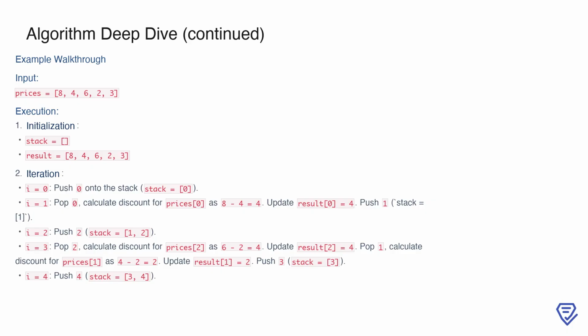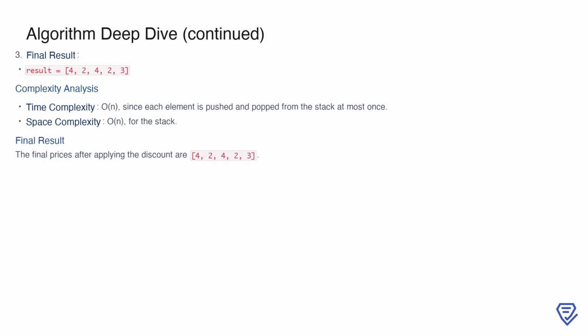This completes the iteration. After processing all elements, the stack contains indices of items that had no applicable discounts, so their prices remain unchanged. The final result array is 4, 2, 4, 2, 3. Analyzing the complexity, the time complexity is O(n), since each element is pushed and popped from the stack at most once.